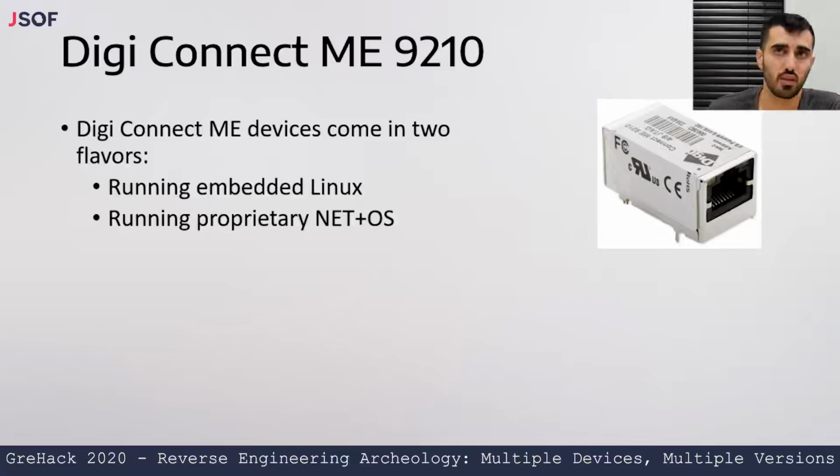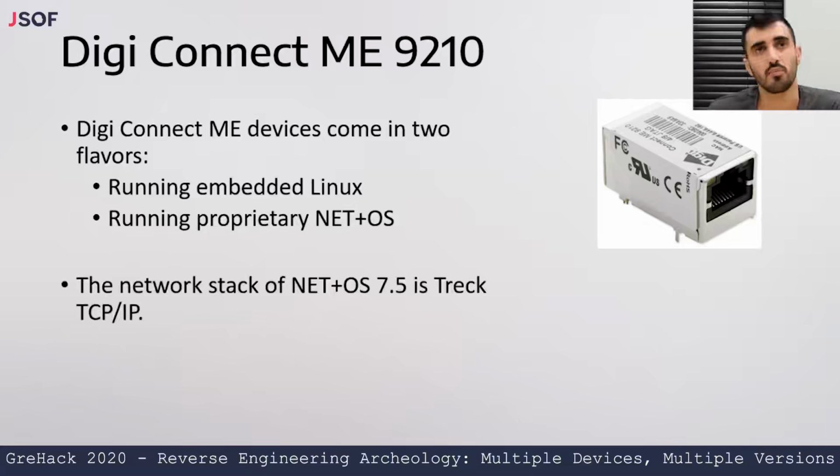You can see it looks like an Ethernet connector, but it's actually a full system on module in this little device. And it comes in two flavors. The first flavor runs embedded Linux, and the second runs a proprietary NetOS. And the network stack of the NetOS is Treck TCP/IP, at least in versions greater than 7.0.